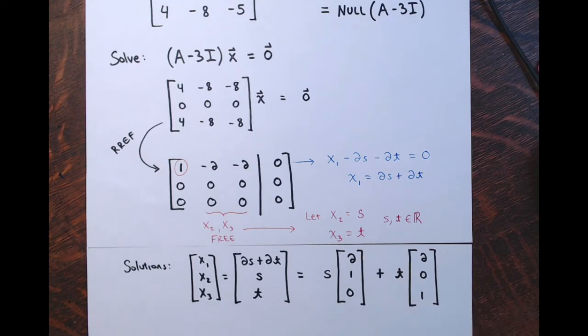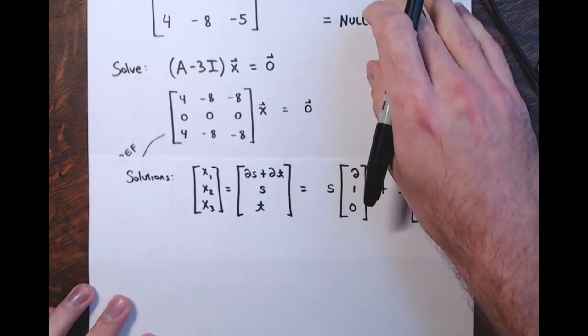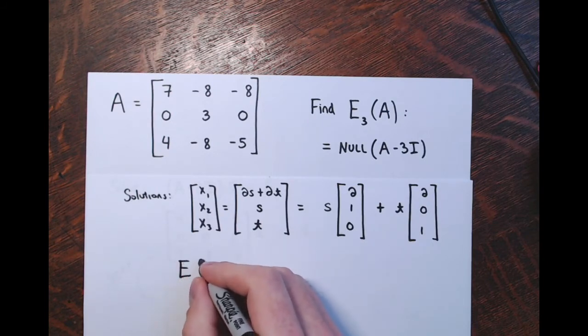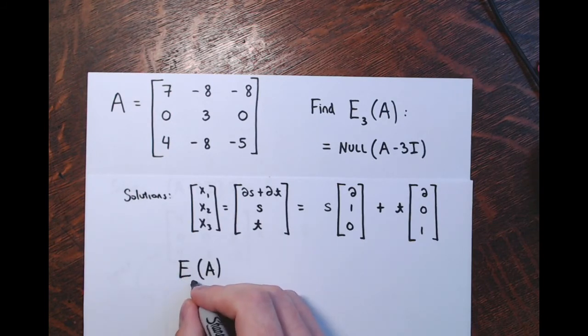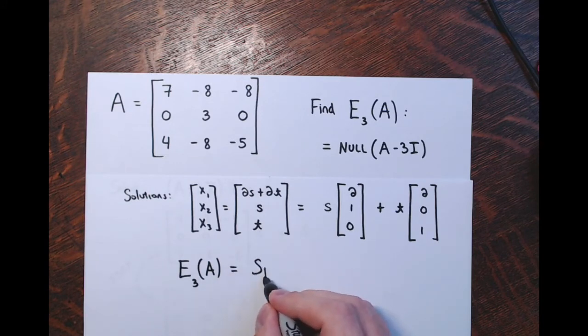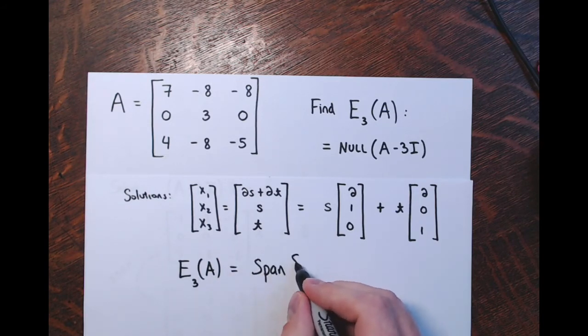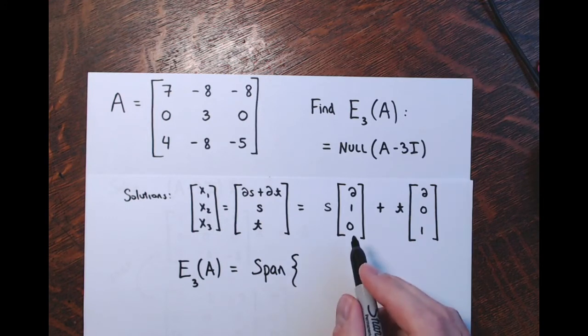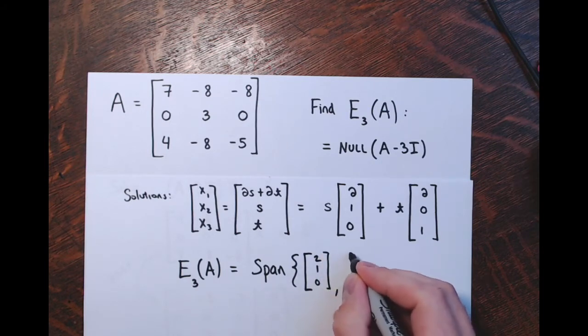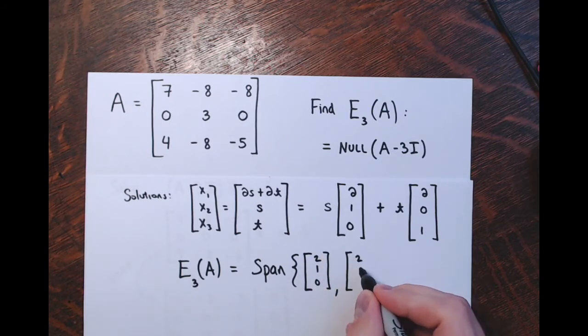Okay, so based on all this work, it looks as though the eigenspace of this matrix corresponding to lambda equals 3 is the span, the set of all linear combinations of these two vectors, 2, 1, 0 and 2, 0, 1.